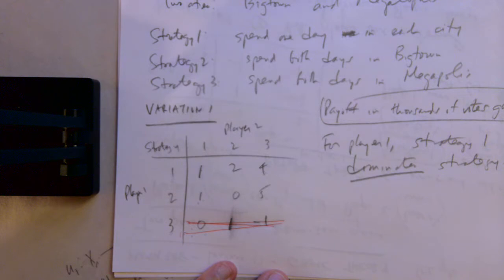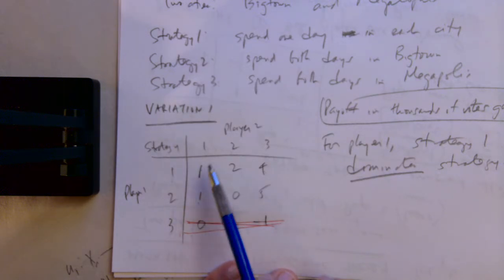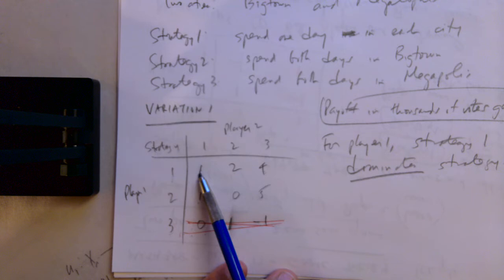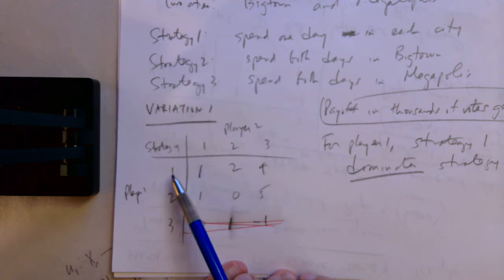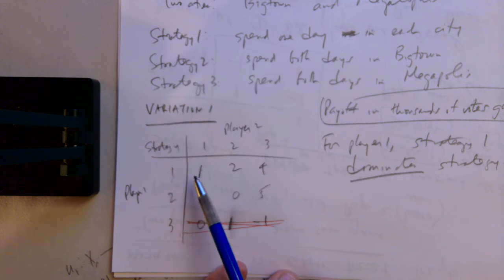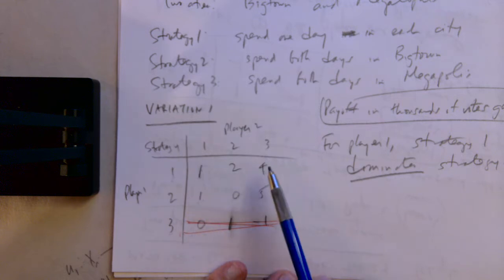Now, are any of these strategies really worse for player 2? Well, if player 2 picks strategy 1, he loses 1,000.